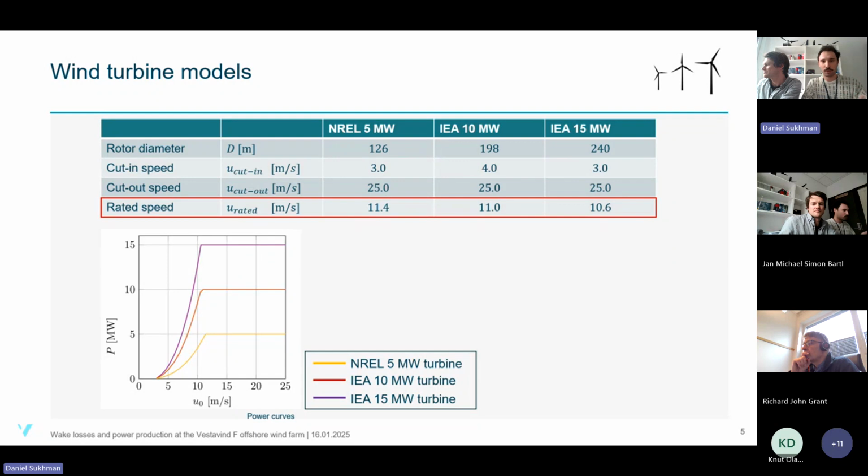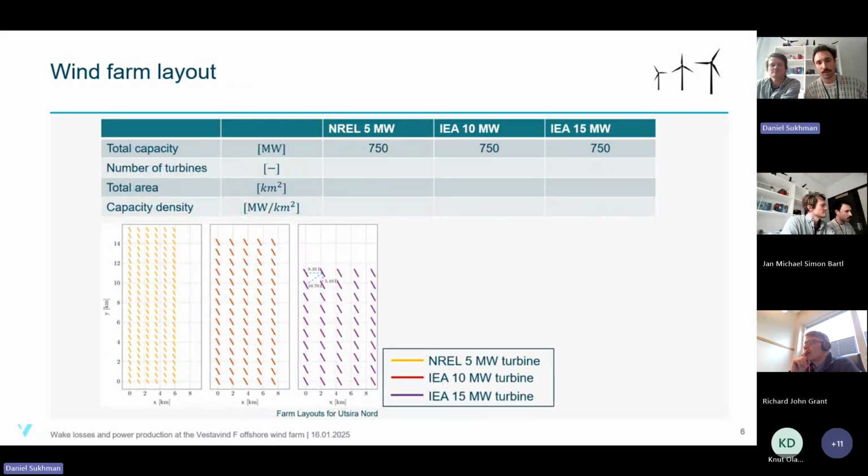Now, if we put those 3 quite different size turbines into the same field, we'll get 3 different layouts here. And now you might ask, it's basically the same window, the same scaling of wind farm, so why are we not using this full field?